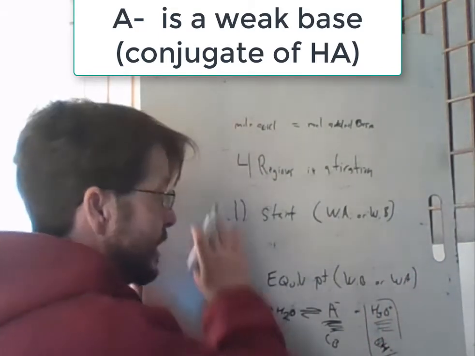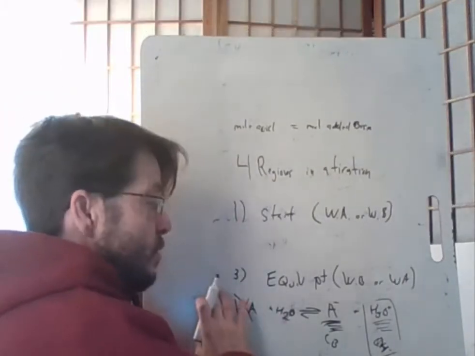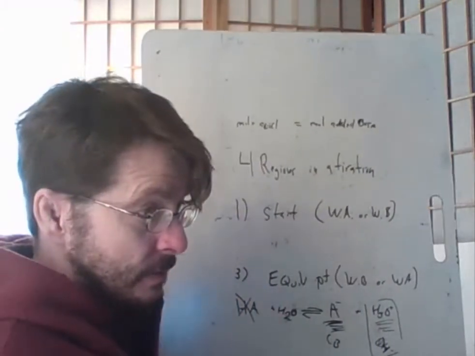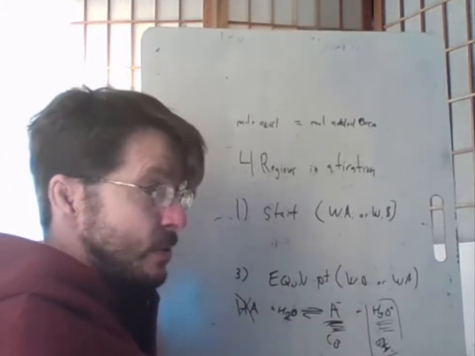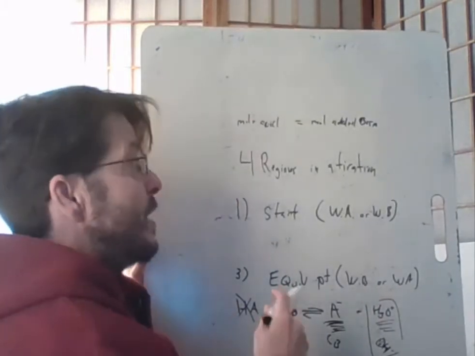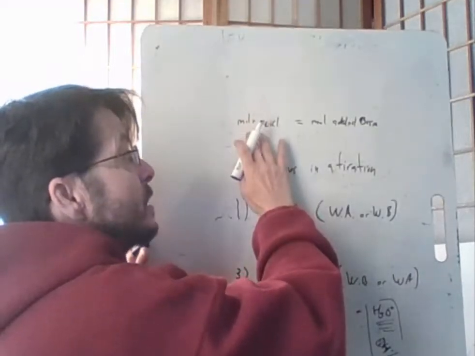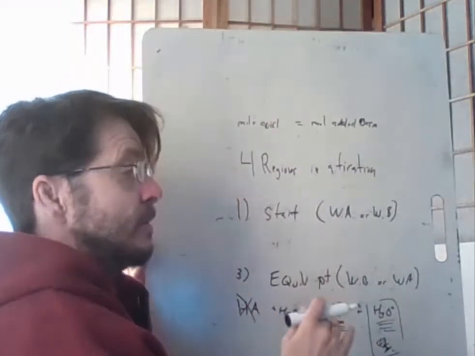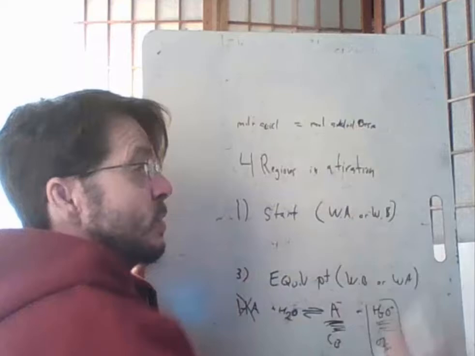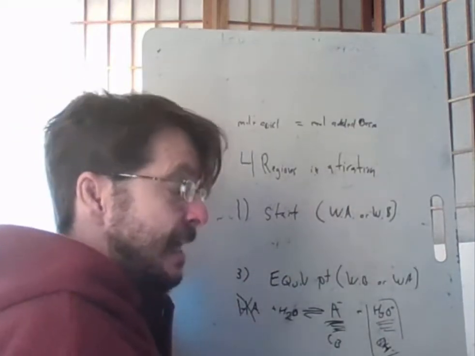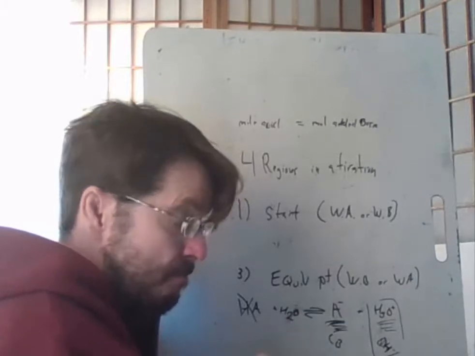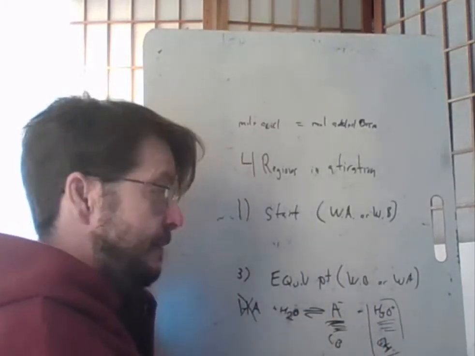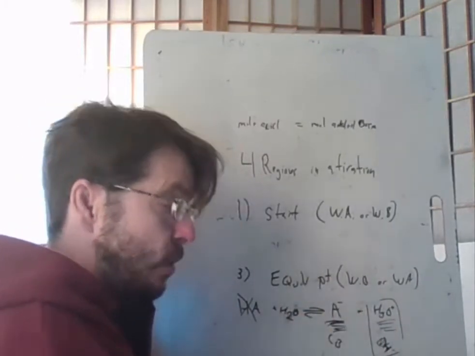So this equivalence point is very important in that it's very easy to calculate. We can calculate that using chemistry 1 skills. If you know that you have a 0.1 molar solution of acid, and it's 25 mL, and you have a 0.1 molar solution of base, you can predict that after 25 mL of added base, you're done. At that point, that would be the equivalence point.